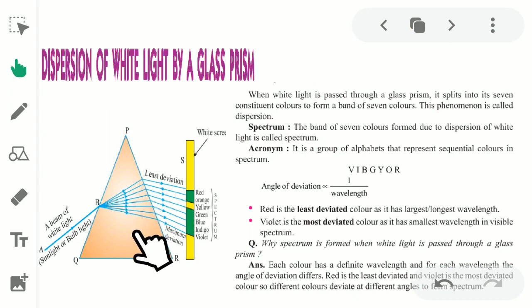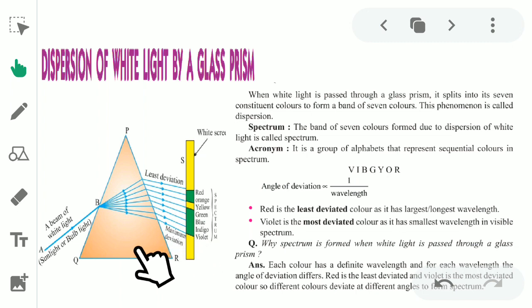The refractive index of the prism for red color is least and for violet color is more. Refractive index means optical density. So when violet light is passing through the prism, what happens? Its speed decreases, so it deviates more.